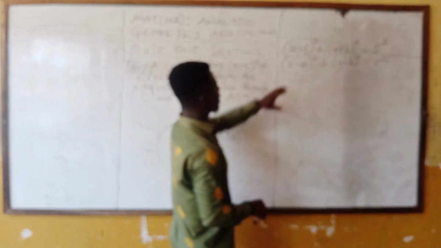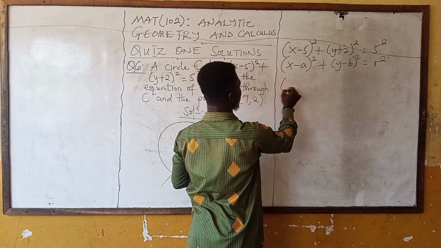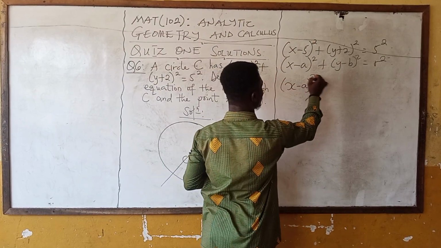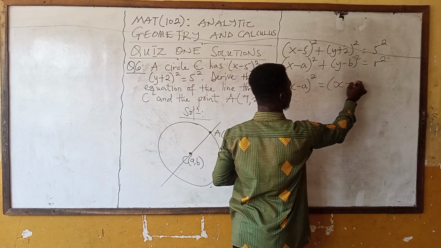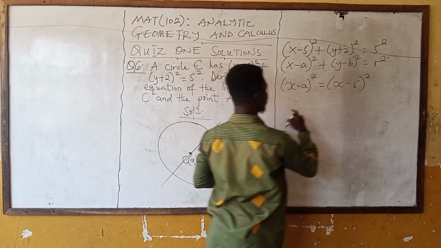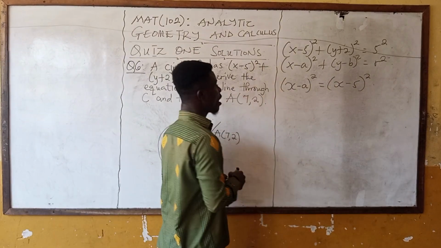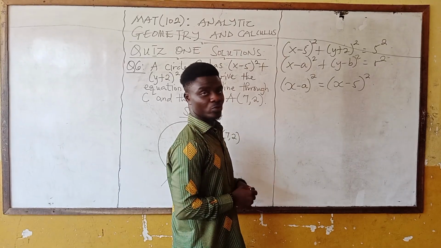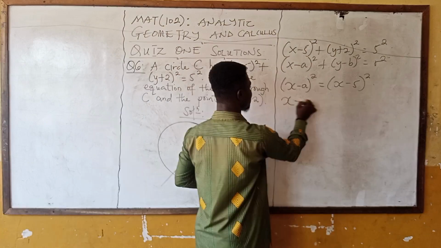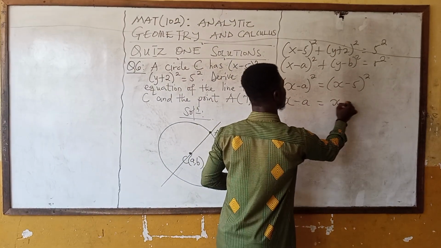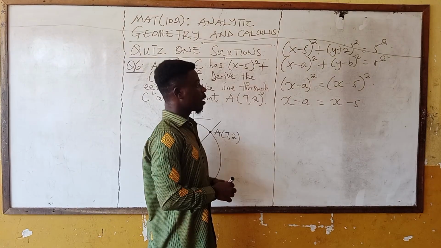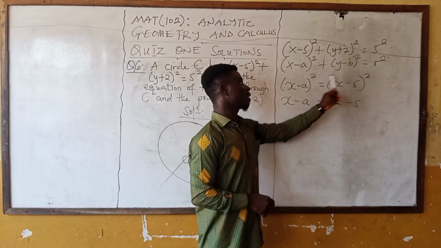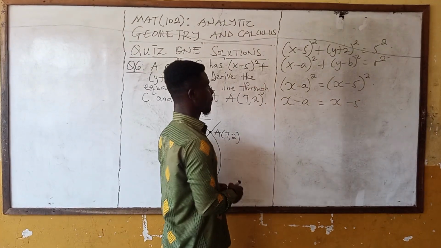So we have (x minus a) whole squared equal to (x minus 5) whole squared. We introduce the square root to take out the square, so we have x minus a equals x minus 5.